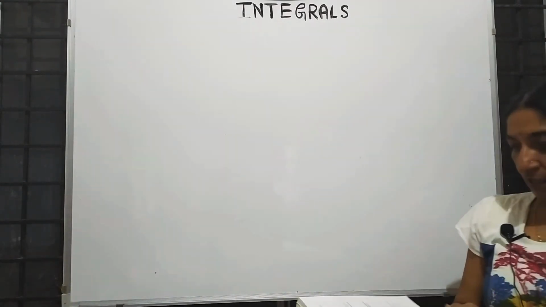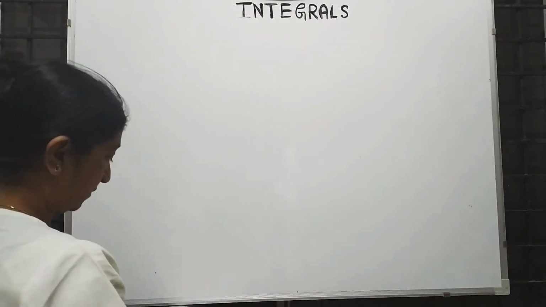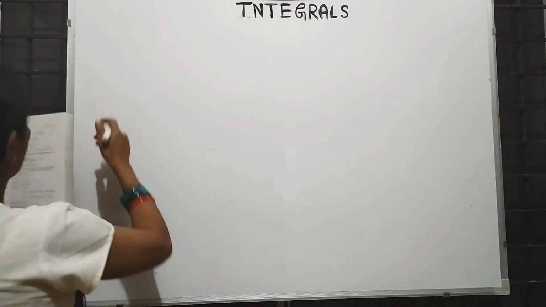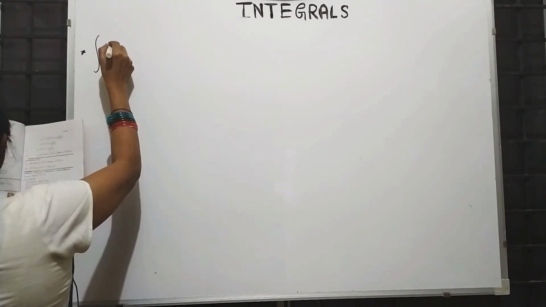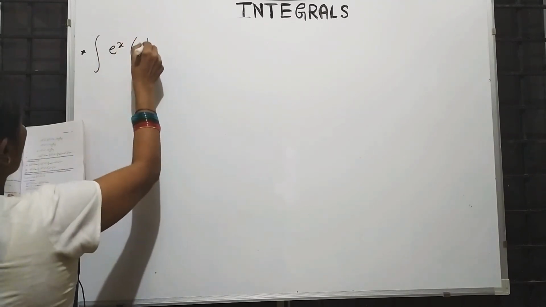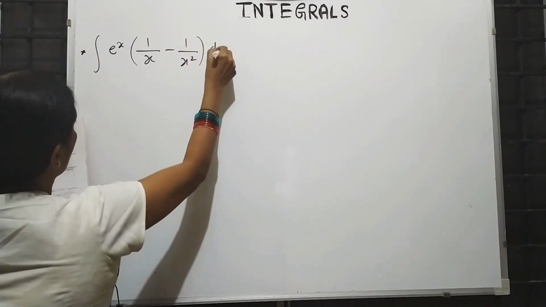Write down the next example. Integration of e raised to x, 1 upon x minus 1 upon x square into dx.